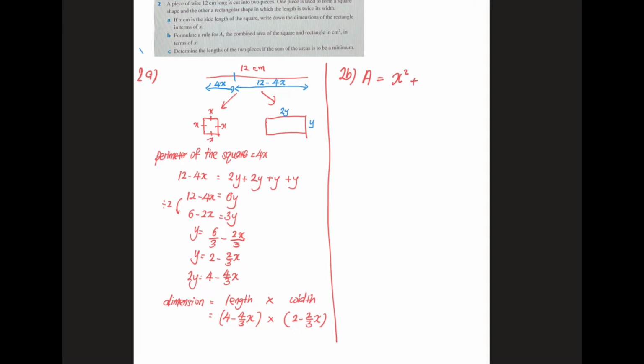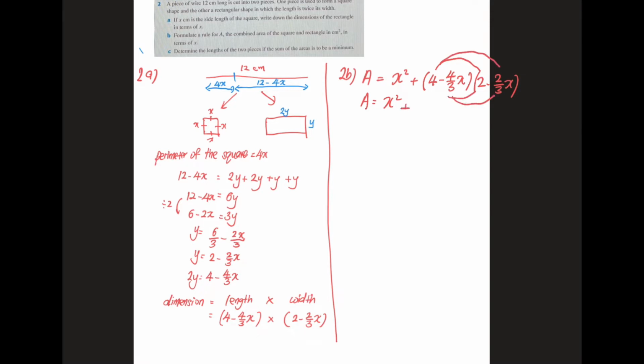For the rectangle, we just need to use the length multiplied with the width. So that means you take these two and multiply them. So we will get 4 minus 4 over 3 x multiplied with 2 minus 2 over 3 x. So that will be the area of the rectangle. Now let's say I simplify it.